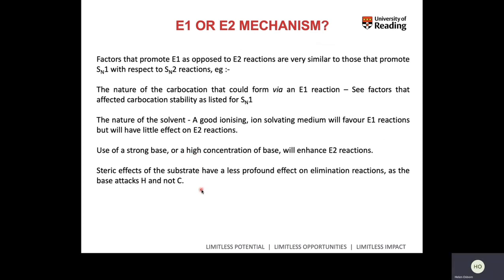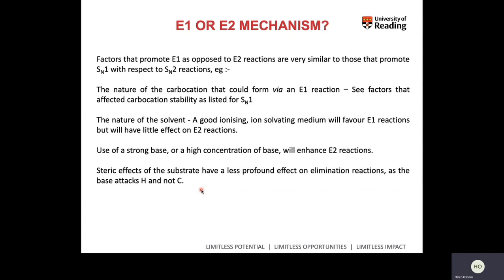For SN1 and SN2, we also considered steric effects in terms of how easy it was for the nucleophile to approach the carbon, because if it was easy to approach the carbon directly, then an SN2 reaction would be more likely. But if it was very sterically hindered, it's more likely we'd need to lose the leaving group first to give a less sterically hindered carbocation. We don't have such a big discussion of that in the elimination reactions.